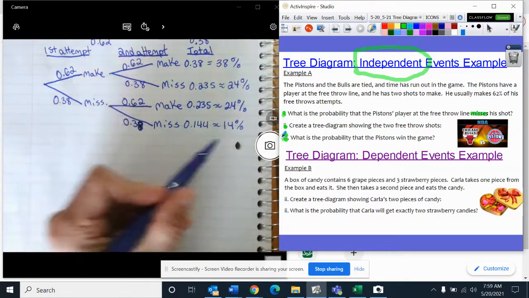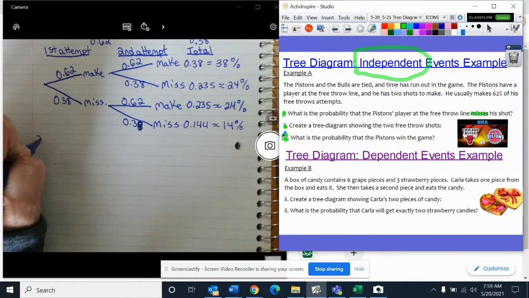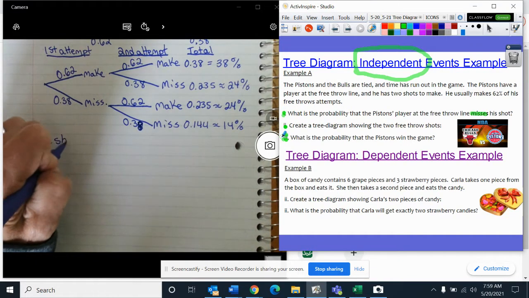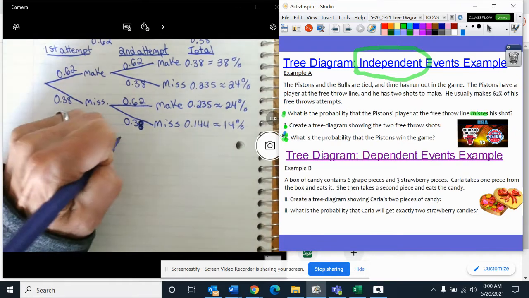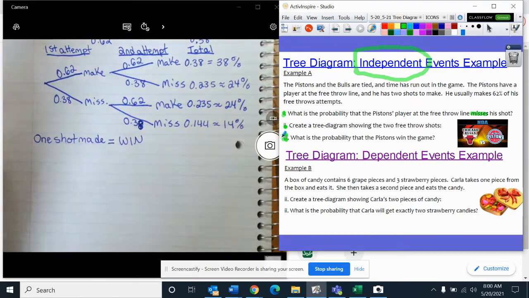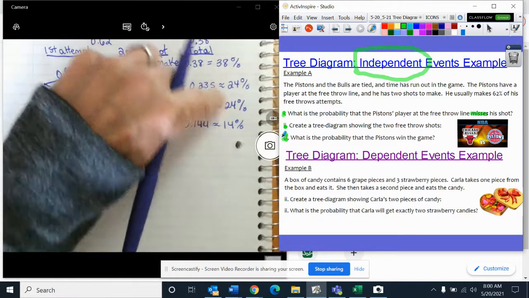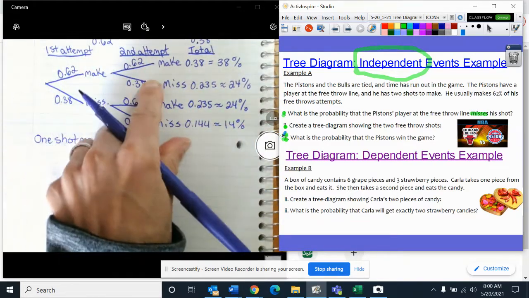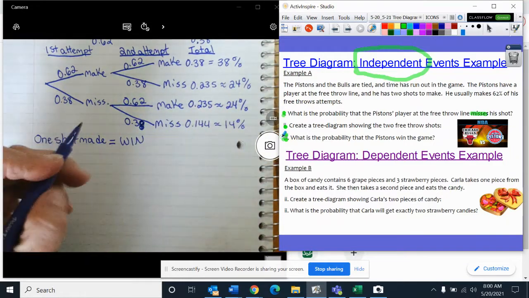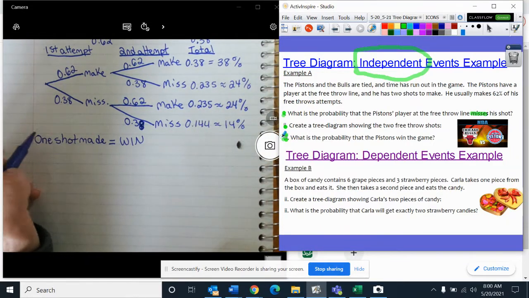Oh, if they're tied, all they need is one shot made and they win. So if we add up all the probabilities of them making 2 shots, making one of the shots, then we know their total probability of winning.